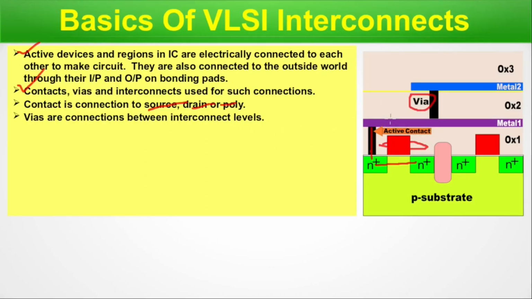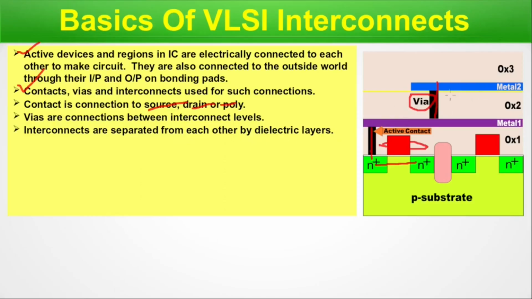Next, via. As we can see in this diagram, this is via. Connections between interconnect levels. This is the metal 1 level, this is metal 2 level. As the technology has progressed, the number of metal layers has increased. Complexity of design has increased. Complexity of connection has increased. So, metal layers have also increased. Between interconnect levels, the connection is called via, and interconnects are separated from each other by dielectric layers.